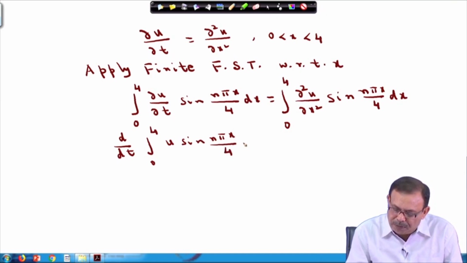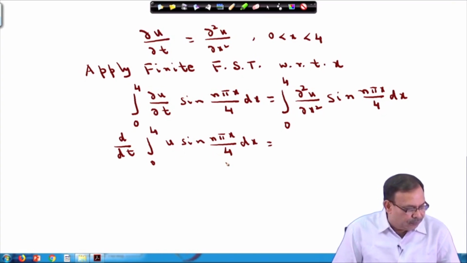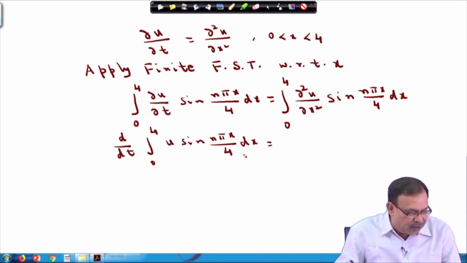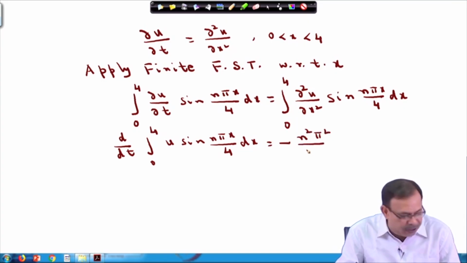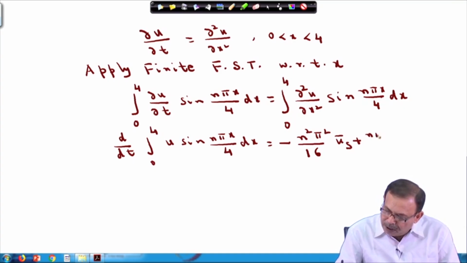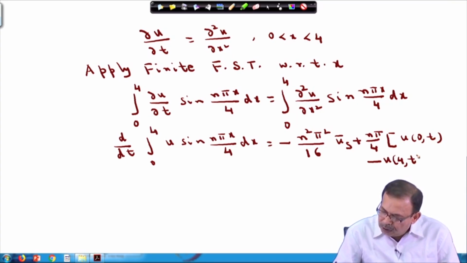I am writing d by dt because the integral is independent of t otherwise, and the right hand side will be, from the definition, minus n square pi square by 16 into u bar s plus n pi by 4 into u(0,t) minus u(4,t) into cos n pi.